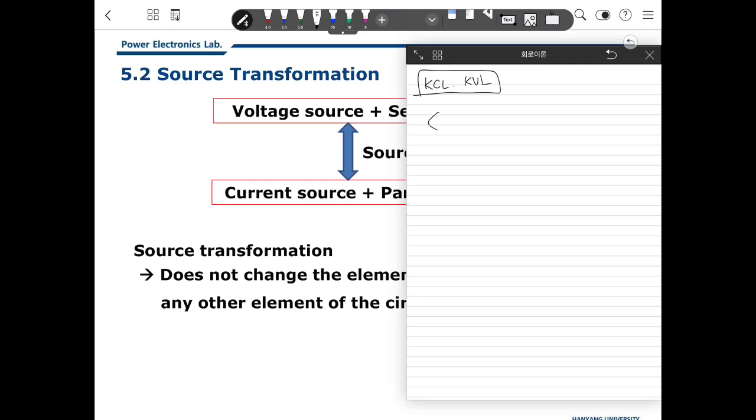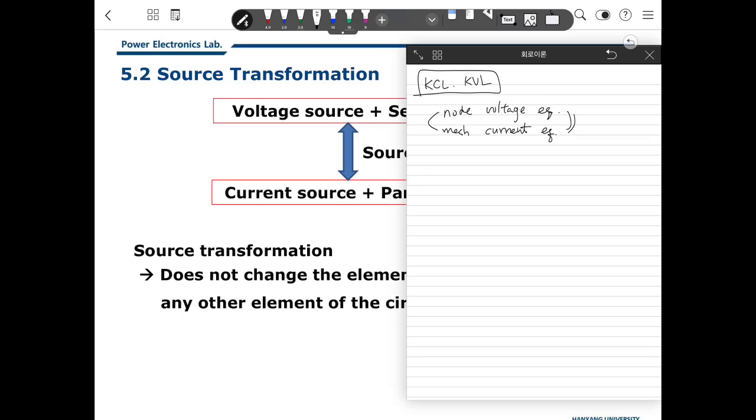That was the node voltage equation, and another thing is the mesh current equation. Based on these procedures, we can get the unknown variables to describe the electric circuit.